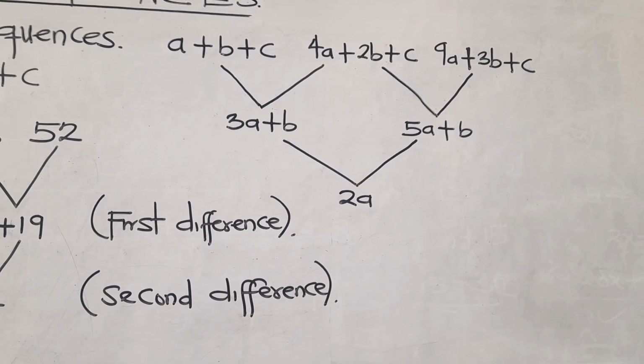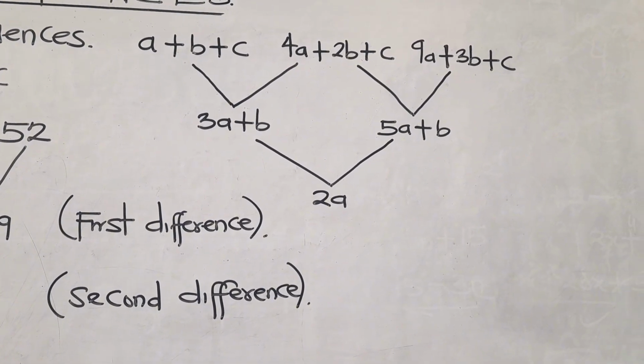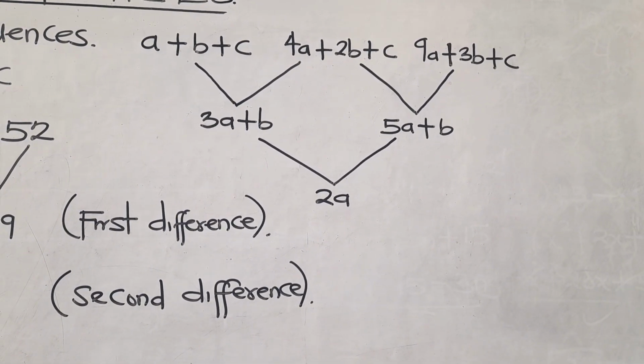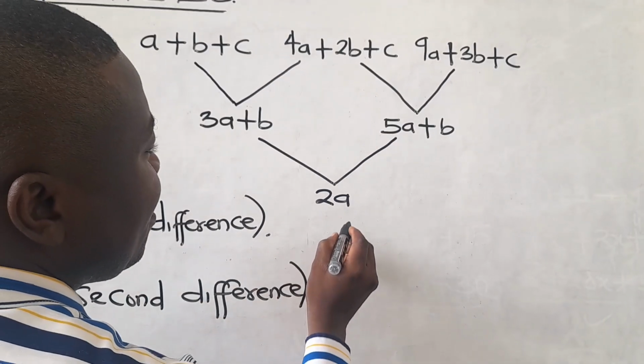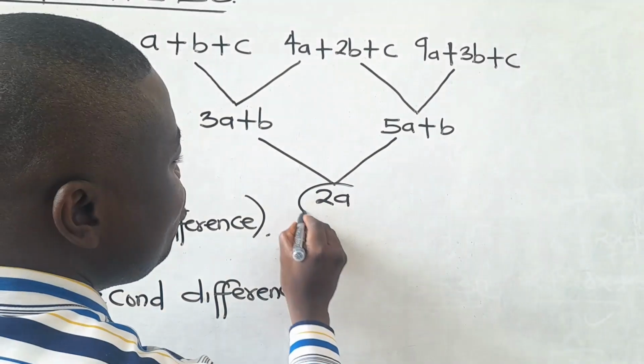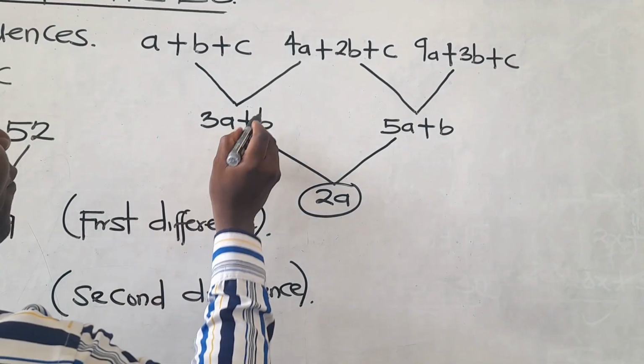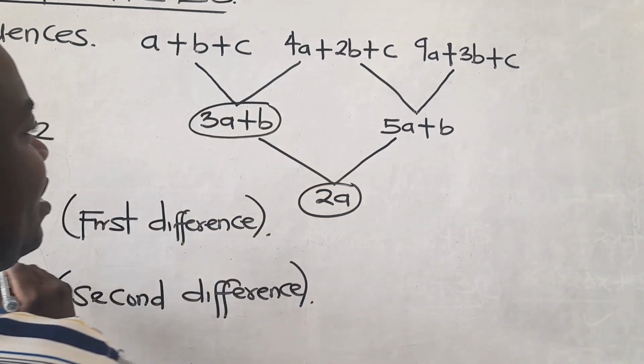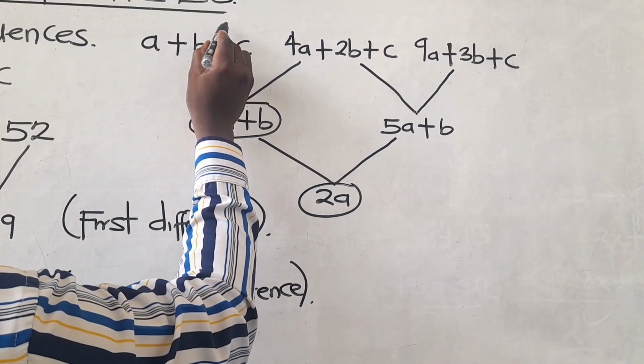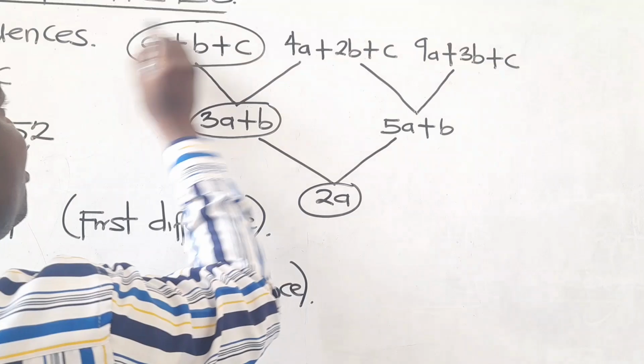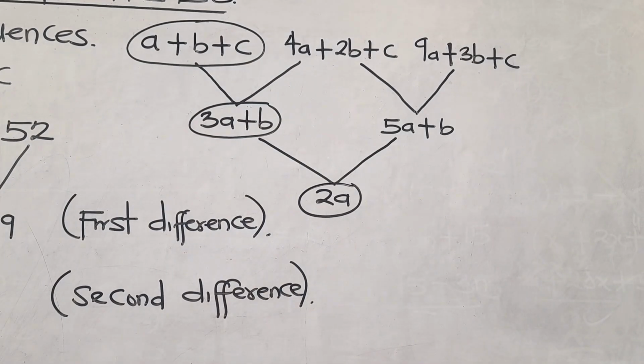For second difference it will be 2a. The first difference will be 3a plus b. And the initial first term will be a plus b plus c. So we now want to solve what we have.